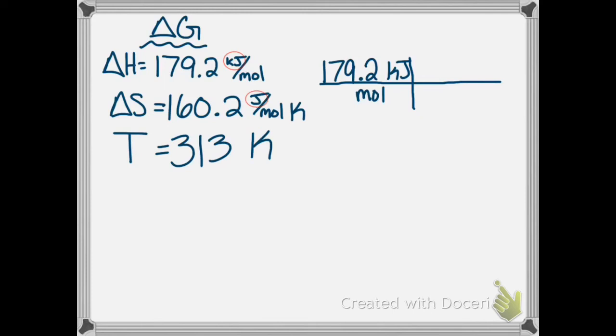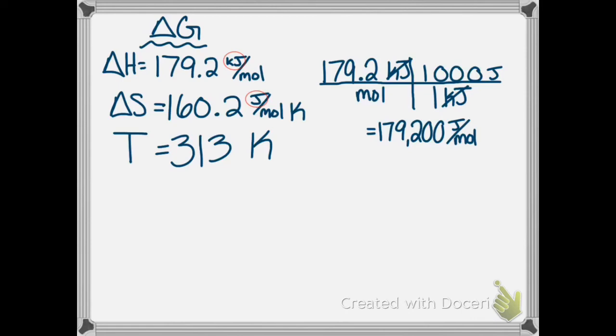We know that 1 kilojoule needs to go on the bottom, and we need to put our 1,000 joules up top because that's our conversion factor. When our kilojoules cancel out, we get a value of 179,200 joules per mole for our delta H variable.